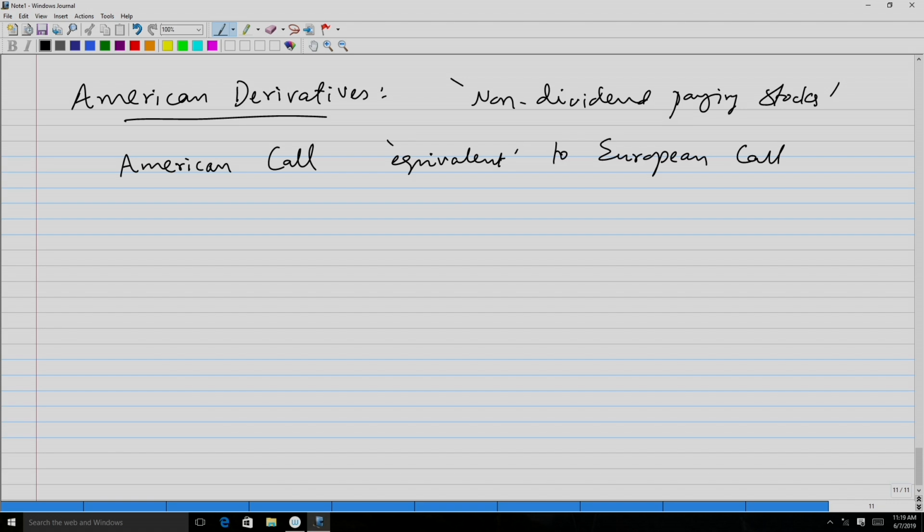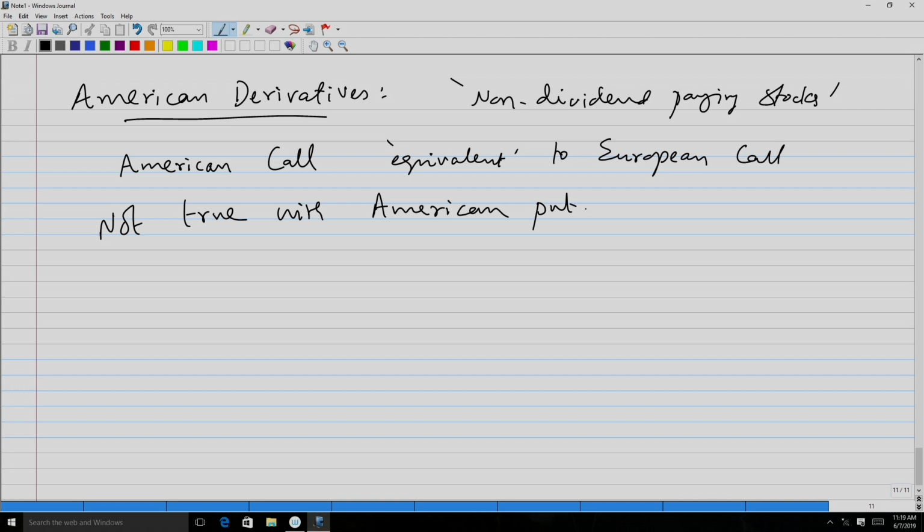Hence the American call is in some sense equivalent to the European call, but the same is not true with American put options.